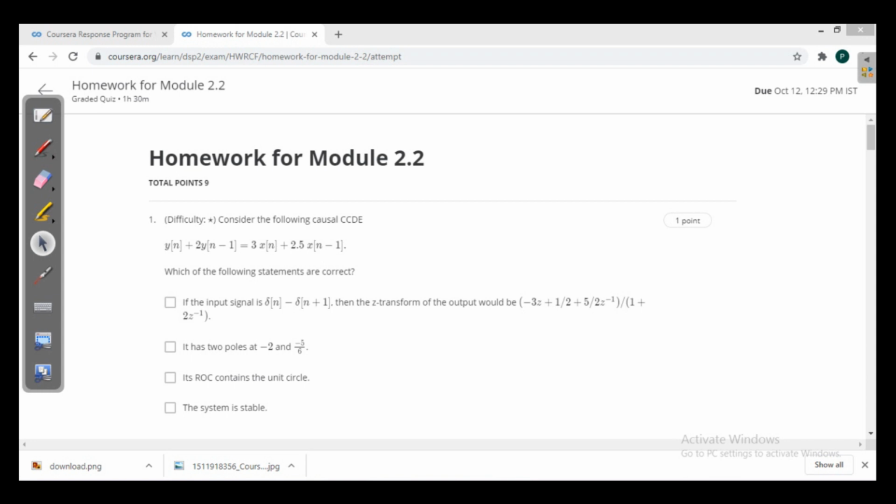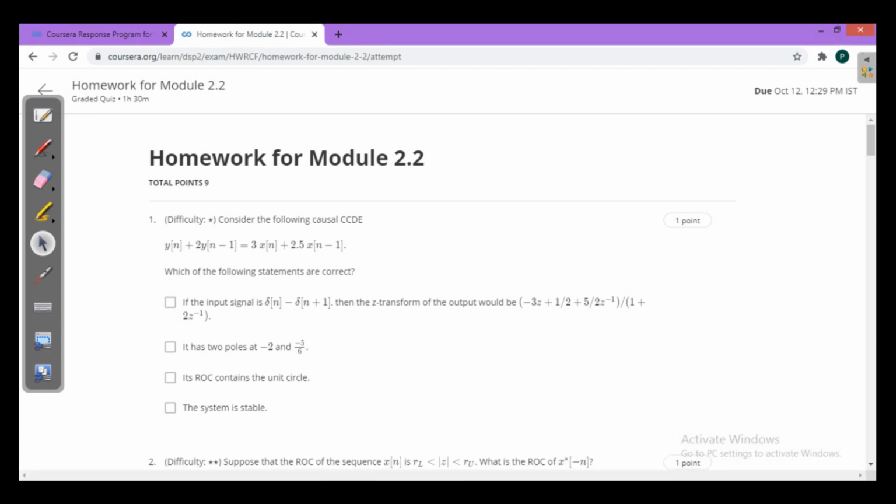Let's see the given CCDE equation, which is y of n plus 2y of n minus 1 is equal to 3x of n plus 2.5 x of n minus 1.